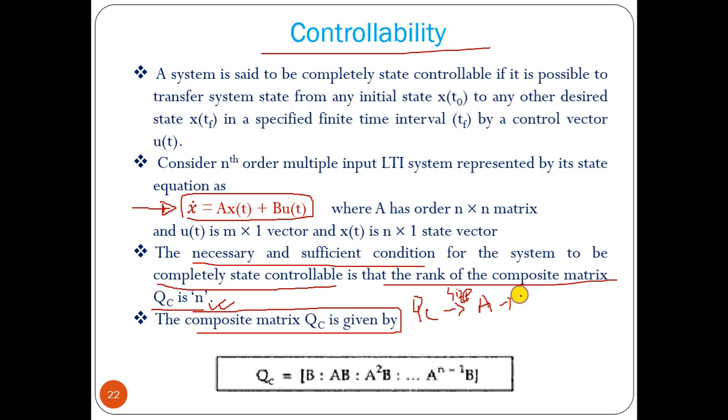If the size of A is 3 cross 3, then Qc should be 3 cross 3. If it is 2 cross 2, then Qc should be 2 cross 2. If it is 4 cross 4, then Qc should be 4 cross 4. So the size of A should be equal to the size of Qc.